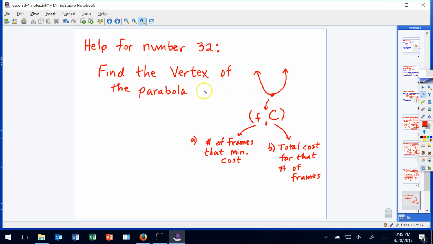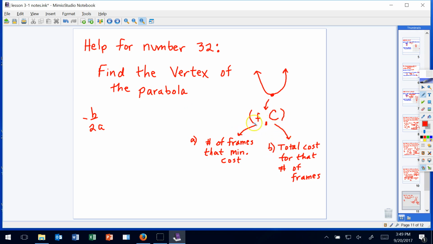See if you can find the vertex. Remember, it starts with opposite of b over 2a. That's going to be the x of my ordered pair, and that will be the answer to letter A of this problem. And then when you plug that number back into the function and find y, you will have the answer for part B.